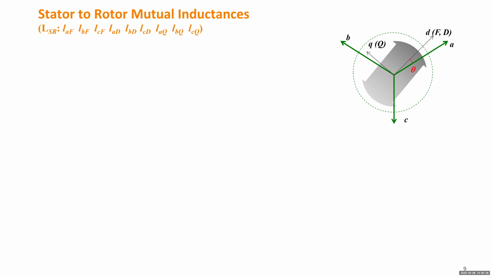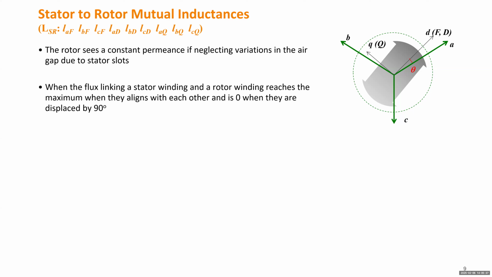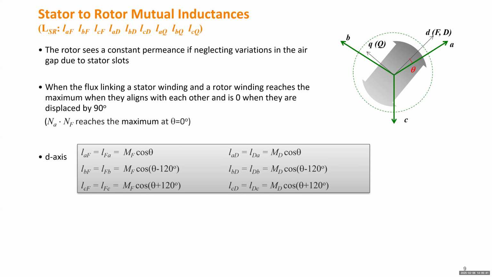So the permeance will be constant, but the coupling between the two windings will be a periodic function of theta. We can easily write down, for instance, LAF. That will be proportional to a cosine theta.